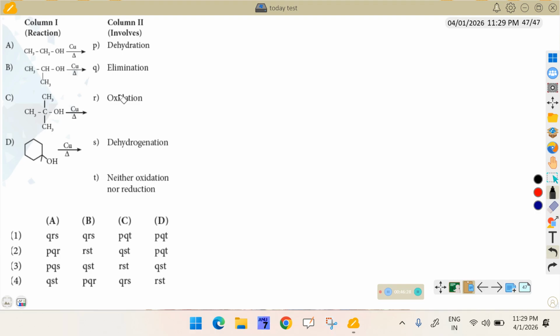Match the following. CH3CH2OH is a 1 degree alcohol. It reacts with copper at delta. A 1 degree alcohol gives aldehyde as a product.